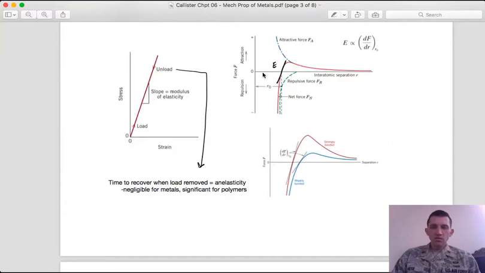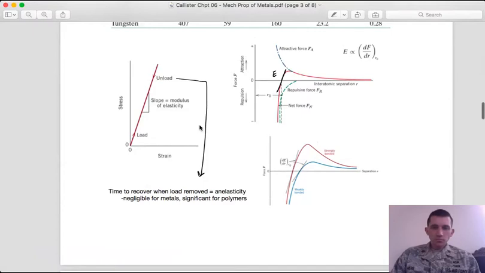So here what I'm doing is I'm applying a force and measuring a change in R. This is the atomic version of strain. What I'm applying here is a force and measuring elongation, so it's kind of macroscopic. If I were to add up all of the teeny tiny changes in interatomic spacings here, I would get the overall strain.